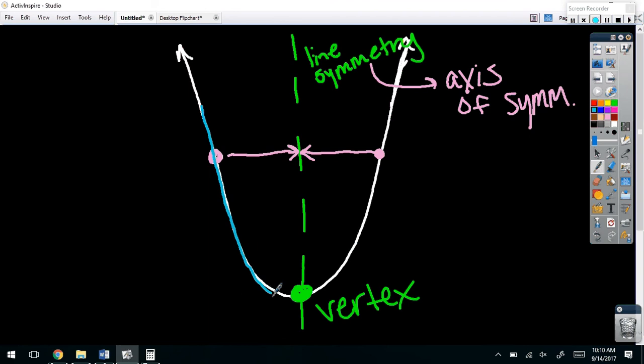Down, down, down, down, down. When do I stop going down? The vertex. So smart. What happens at the vertex? It stops going down and it starts going up. It changes direction at the vertex. Okay, so the vertex is critical. It's a very, very, very important part.